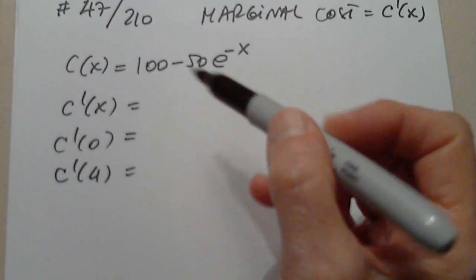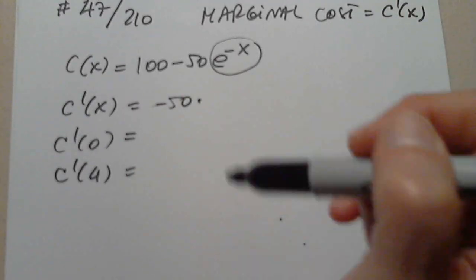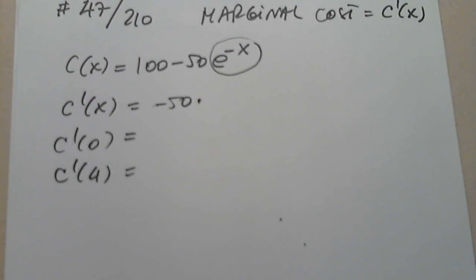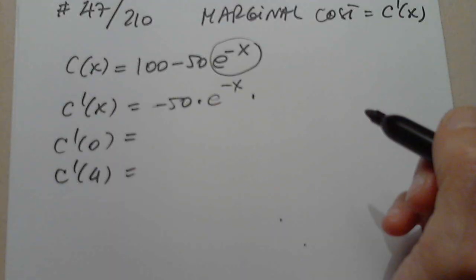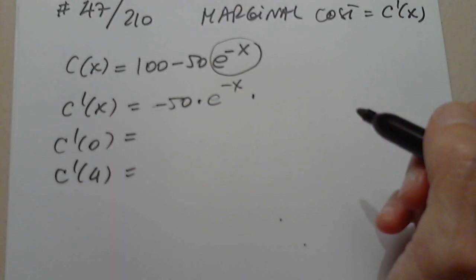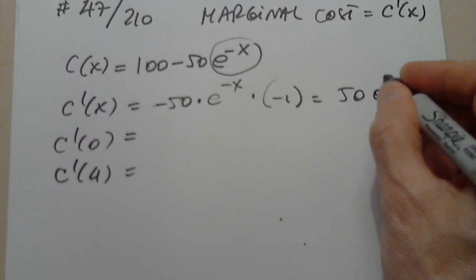Now I have negative 50 times this function prime. It's e to a function prime. What do we get? E to a function prime is e to that function times the inner function prime, which is negative 1. So this is 50 e to negative x.